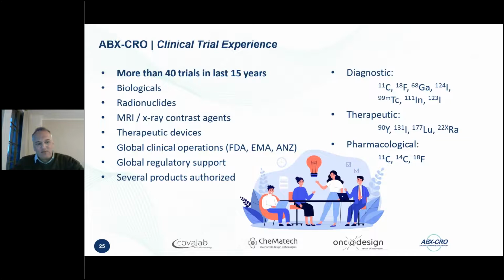So we have, as I said, global clinical operations, including the US, the EMA area, South Africa and Australia and New Zealand. We provide global regulatory support for pharmaceutical and for the radiation safety aspects, and several products we have developed are meanwhile authorized. Next one.